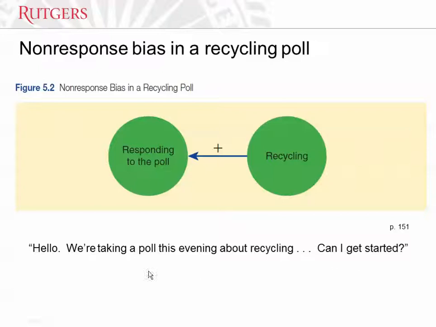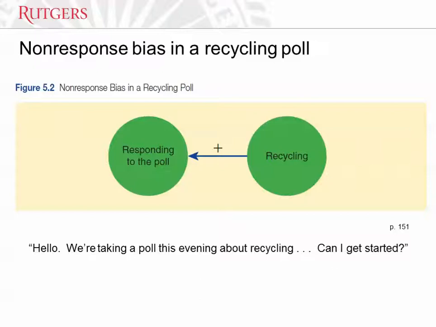So this is what this diagram shows. It's a causal diagram, kind of like our path models, but it shows that the very behavior we're trying to measure, recycling, may be a cause of people's willingness to respond to the poll. And if that's true, then our estimate, let's say we might say 70% of the people in the state of California recycle, may be biased, and biased in a particular way.